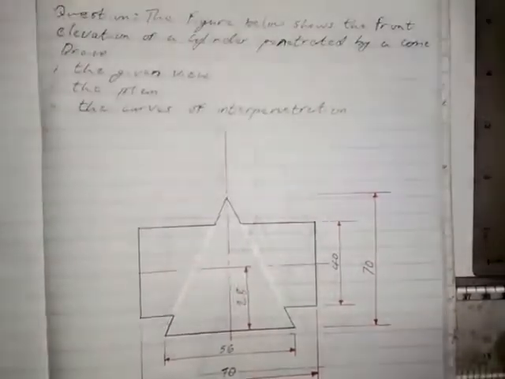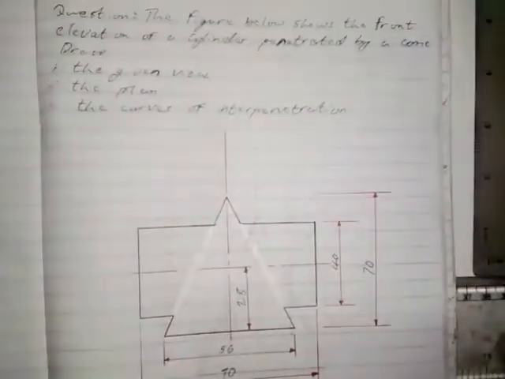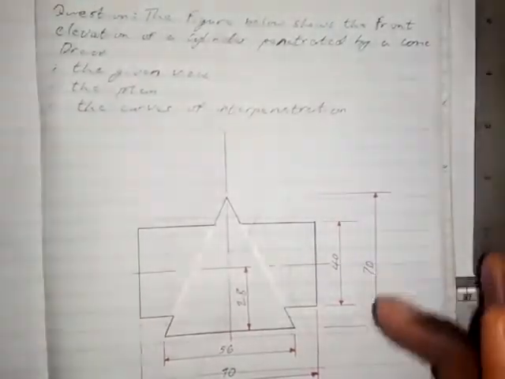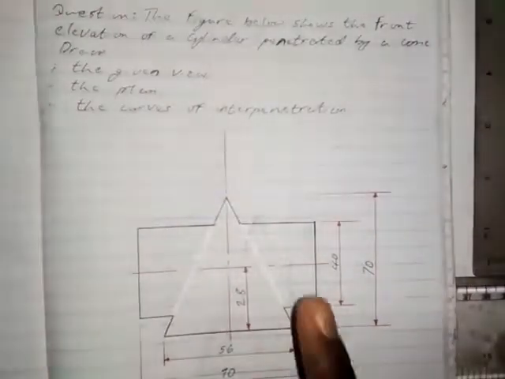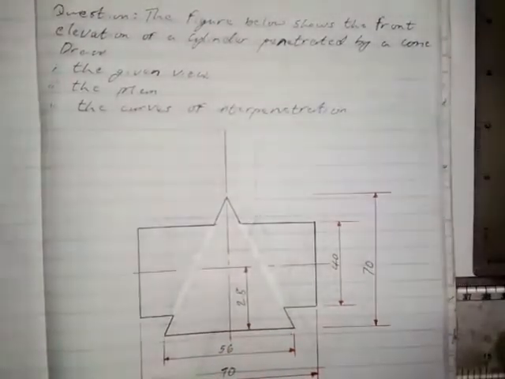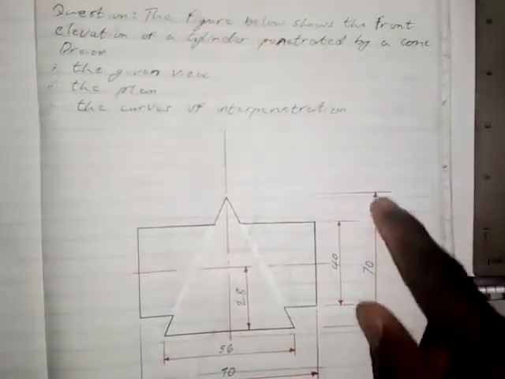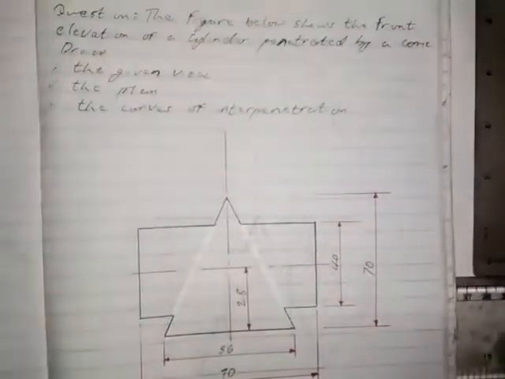Now, before we begin to solve the question, I would love to explain some things about this diagram that you see on the screen. Let's start with the cone. The diameter of the circular base of the cone is 56 millimeters, and the height of the cone is 70 millimeters.